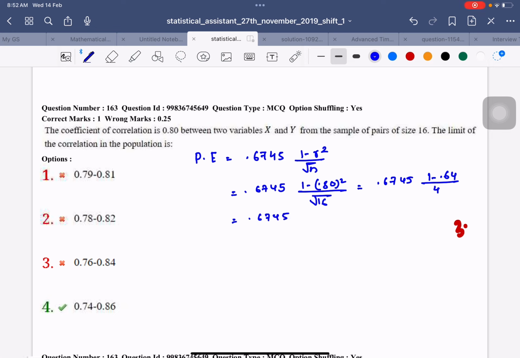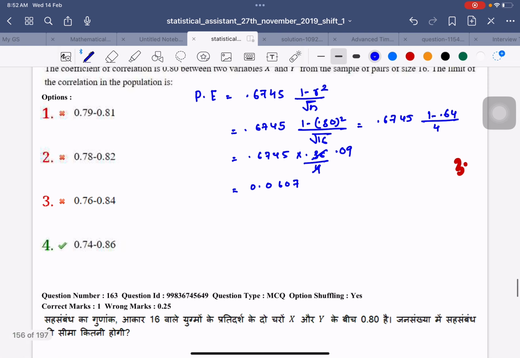So we get 0.6745 into (1 minus 0.64) by 4, which is 0.6745 into 0.36 by 4. Here it cancels out, it becomes 0.9 and we just need to multiply these terms and we get 0.0607. Next, interval के लिए हमें ये obtain करना पड़ता है. This is the interval.